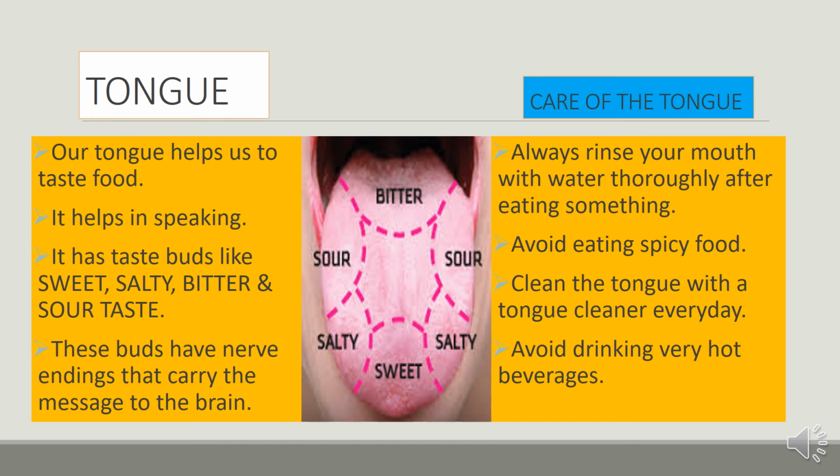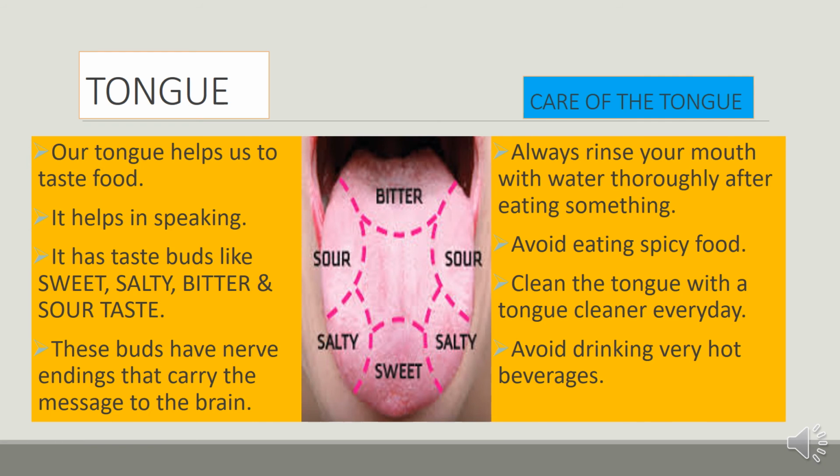Thousands of taste buds are present on the tongue. There are 4 types of taste buds: sweet, salty, bitter and sour. Sweet matlab meetha, salty namkeen, sour khatta, bitter kadwa. These buds have nerve endings that carry messages to the brain.